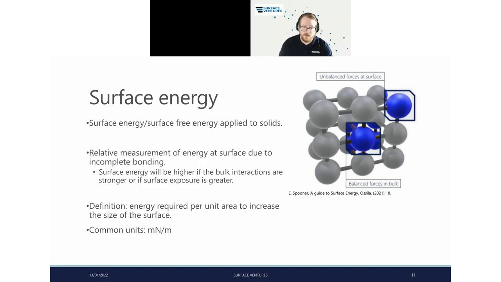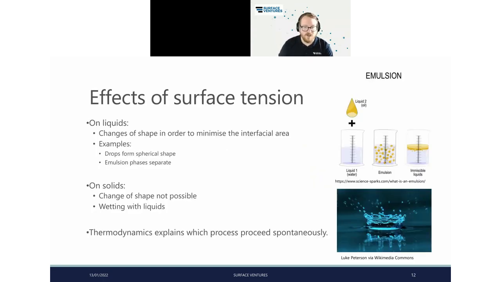The dynes per centimeter is a non-SI unit, but you still see it occasionally. And quite a lot of the time, if you want to do very quick and dirty measurements of surface energy, you can get dyne pens, which have inks of specific surface tension in there. But I digress and should continue on to this.